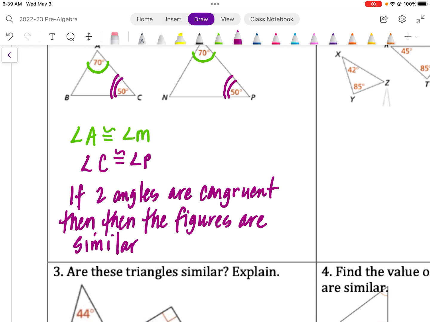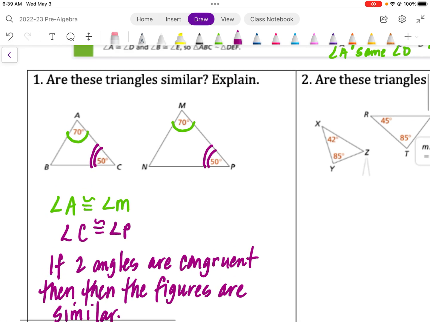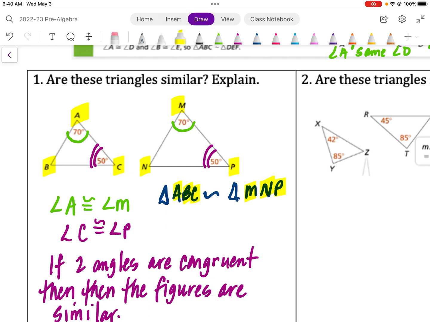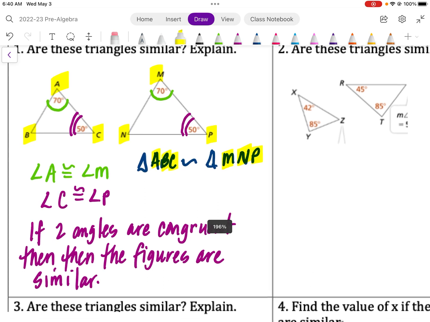Okay, so what we would write for this is we would say like this, triangle, we use a little symbol, triangle ABC is similar to triangle MNP. Okay, and if you notice, I went in the same order with the letters, like angle A corresponds to angle M, so those go first, and then B comes second, so N goes second, and then C goes third, so P goes third. You want all those letters to be in the same order so that those corresponding angles match up.